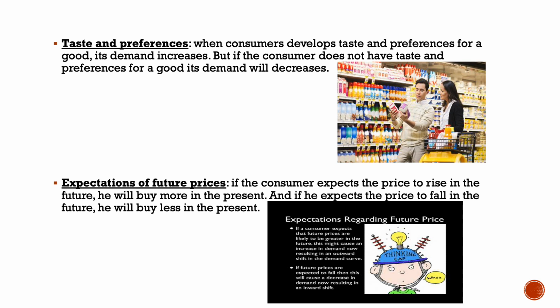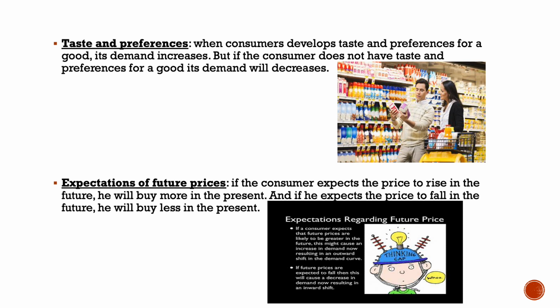And if you expect that the price of a particular good will fall in future, people will buy less in the present and more in the future when the price falls. Let's take the example of gold.